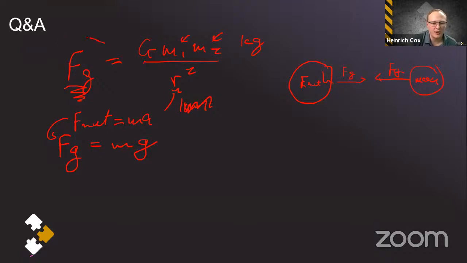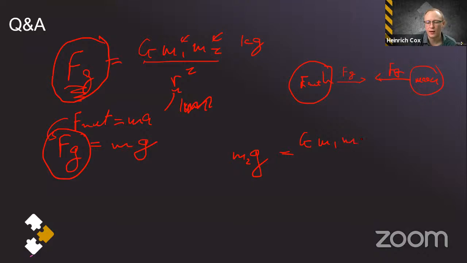Now you might note that this Fg and this Fg are the same, which means we can equate these two equations. So mg, where this mass is the mass of the object on the planet, which I'm going to call m2, is equal to G m1 m2 over r squared. Because m2 is on both sides of the equation, if you divide both sides by m2, the m2s cancel out.